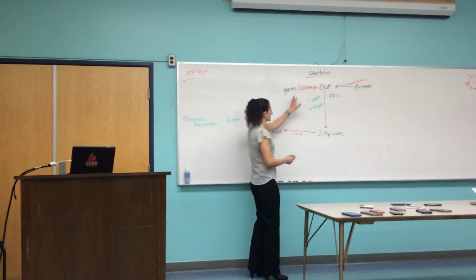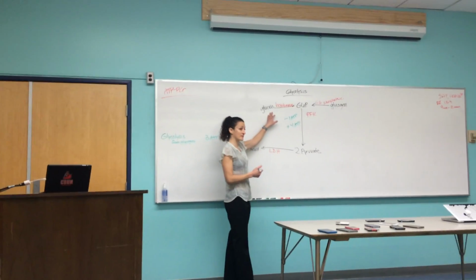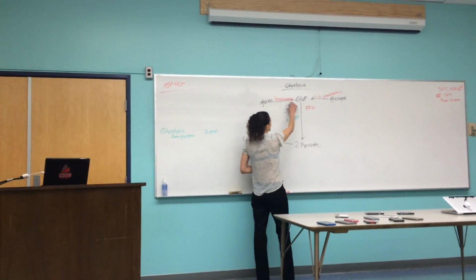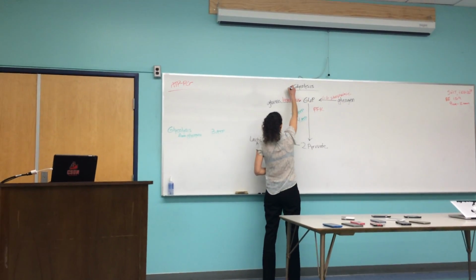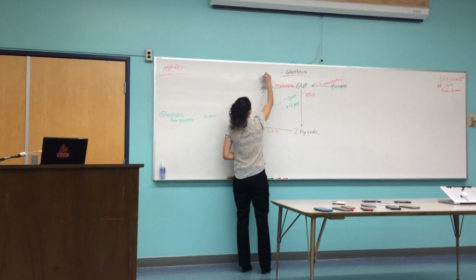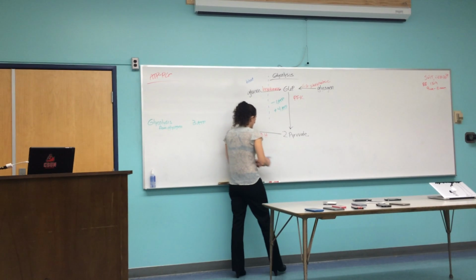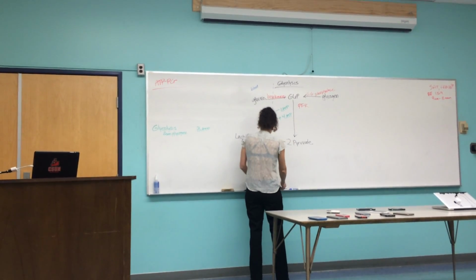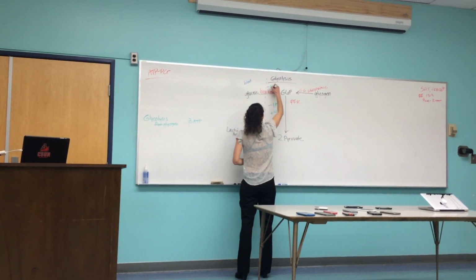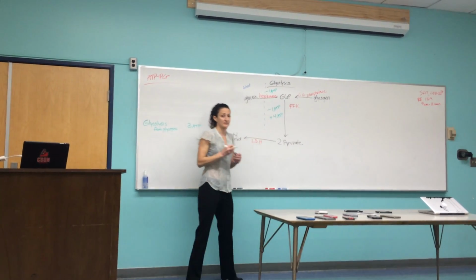Is the glucose in the muscle? It's in the blood. Okay, so in order for the glucose to get into the muscle, G6P, it has to cross a membrane, because this is in the blood. Okay, in order to cross that membrane, it costs an ATP to get into the muscle.